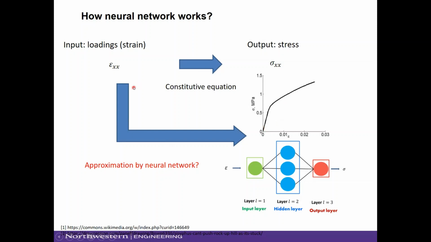So what neural network will do is it will approximate the value of stress. In our present case today, we will see the strain as our input, or the loading as our input, and the output will be stress. The neural network will approximate the value of stress when we give it some value of strain.